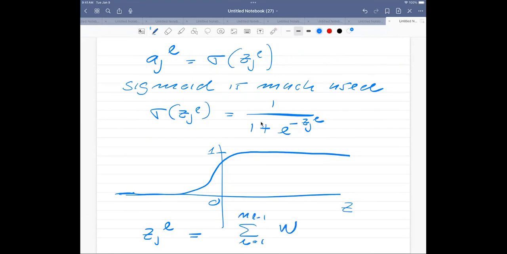I have this weight matrix w of ij, and this is the weight function for layer L, and this is multiplied with the output from node i in layer L minus 1, and then there is a bias which comes in here for layer L.